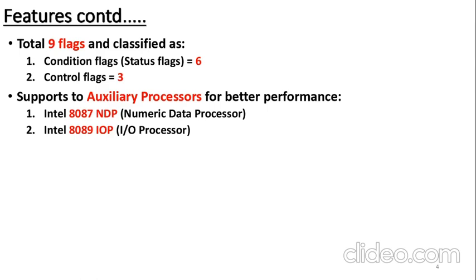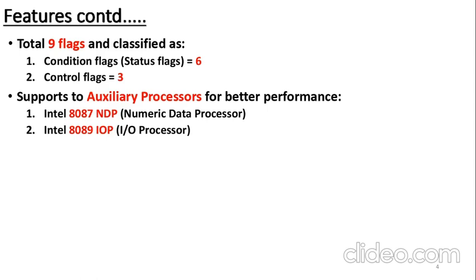Whenever the 8086 processor comes across a floating point operation, that operation will be handed over to the 8087 NDP, and the NDP will do it in a better manner, giving maximum performance.